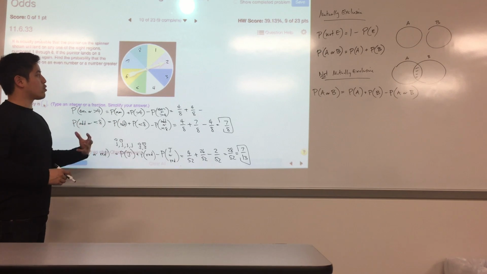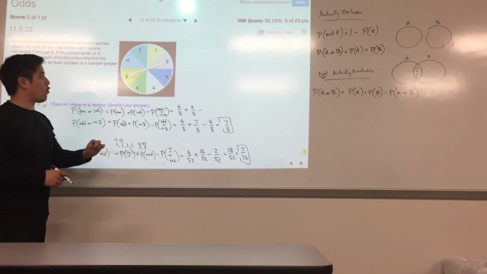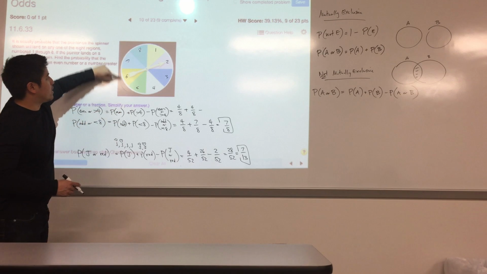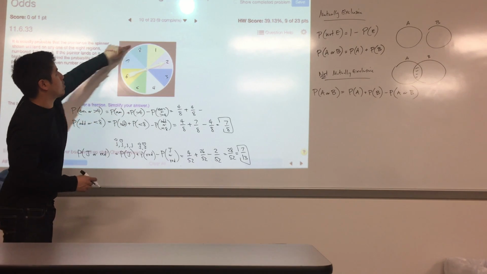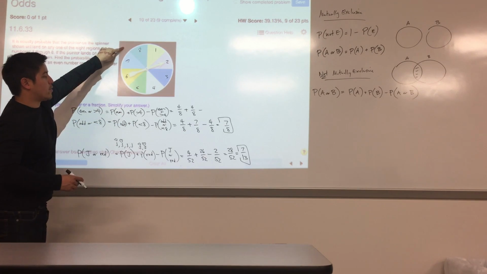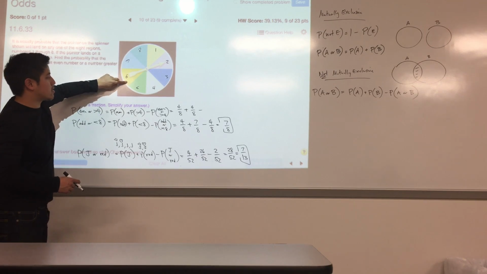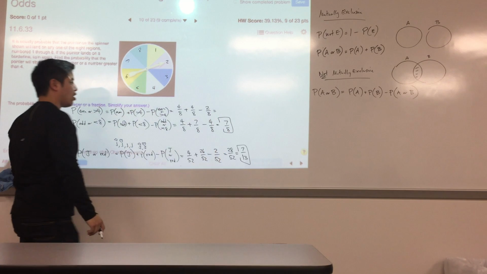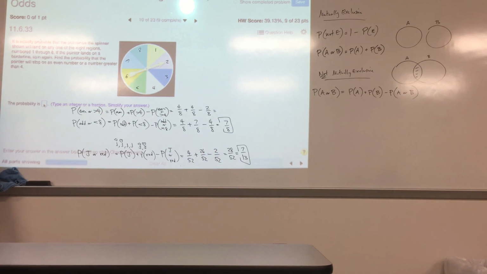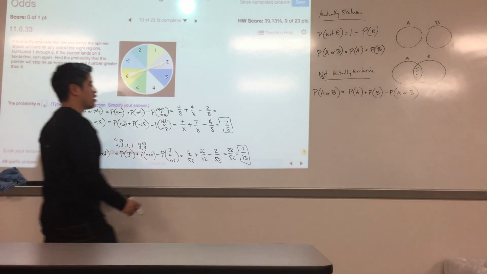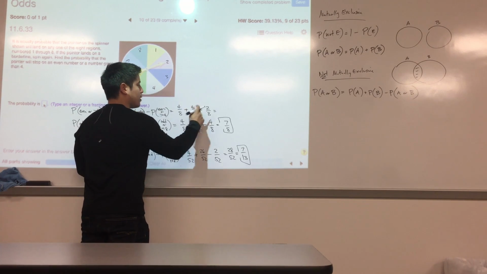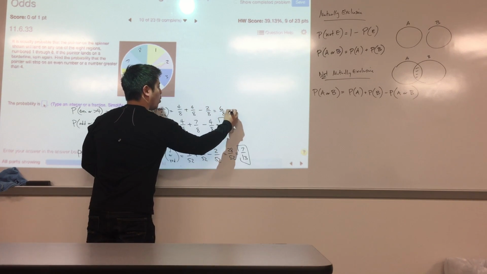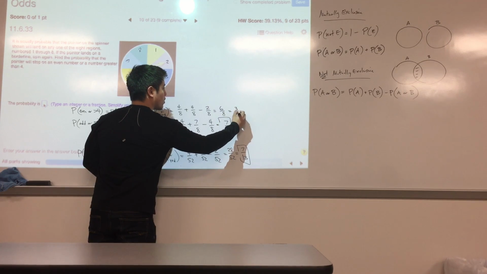So what are the numbers that are even and greater than 4 at the same time? Well, these are the numbers that are greater than 4, 5 through 8. The ones that are even are 6 and 8, so just 2 out of the 8 are even and greater than 4 at the same time. And so that's 4 plus 4 is 8 minus 2 is 6 out of 8, or 3/4.